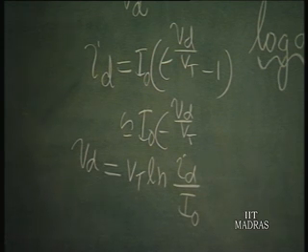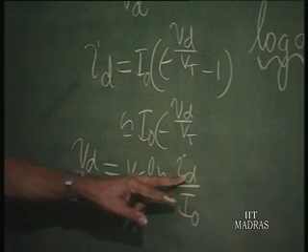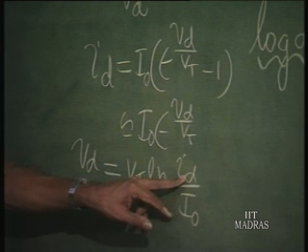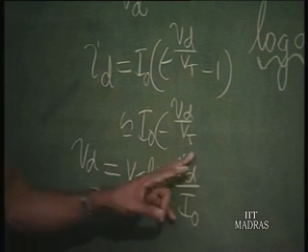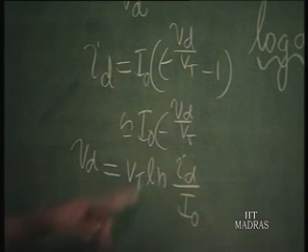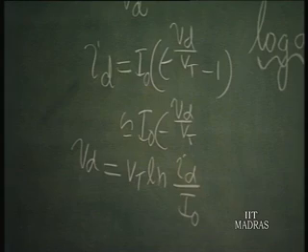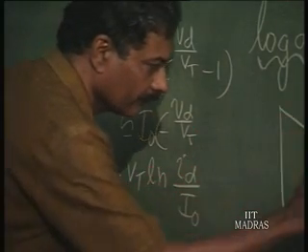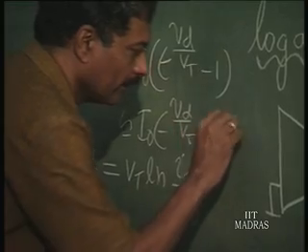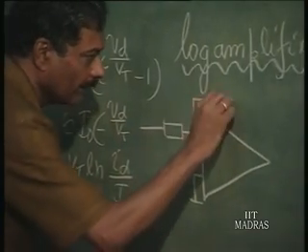How do we convert this into voltage operation? I know that if the current is made to depend upon a voltage, the output voltage of the diode is going to be Vt log voltage by something, right. So, I have to make this current depend upon a voltage. That can be easily done by putting this diode in the feedback loop of an op amp.